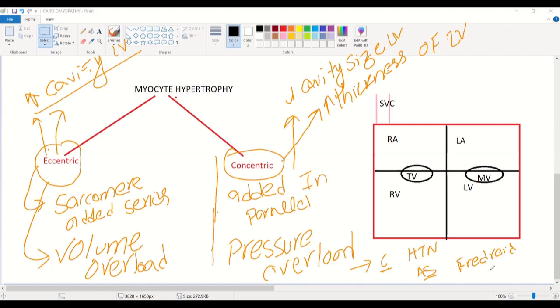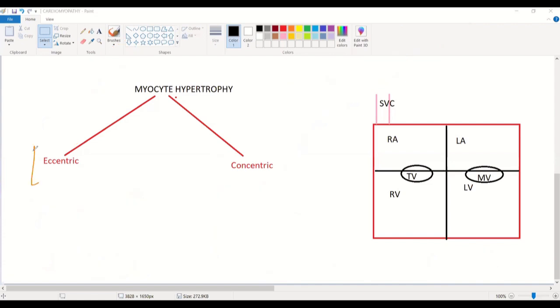So these are some high yield causes. And what about the volume overload causes? For eccentric hypertrophy, mainly the aortic regurgitation, mitral regurgitation, that kind of etiology leads to the eccentric hypertrophy.